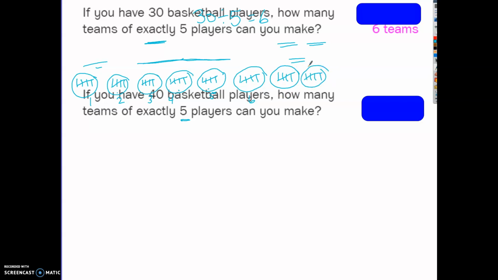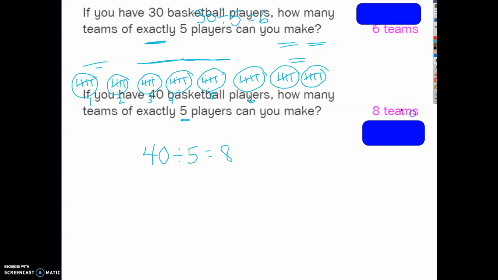That should be 40, but let's count. 5, 10, 15, 20, 25, 30, 35, 40. So if I have 40 players and I'm dividing them into groups of 5, how many teams can I make? 1, 2, 3, 4, 5, 6, 7, 8. I should be able to make 8 teams.